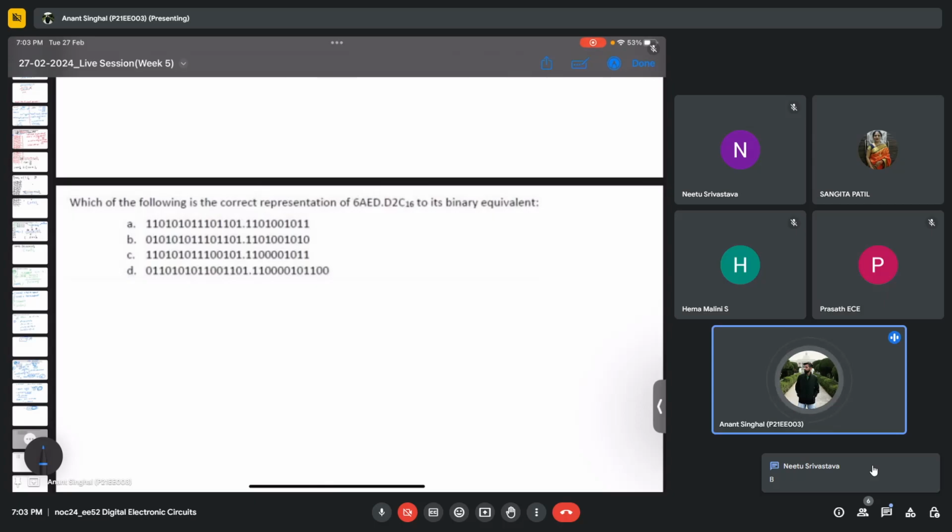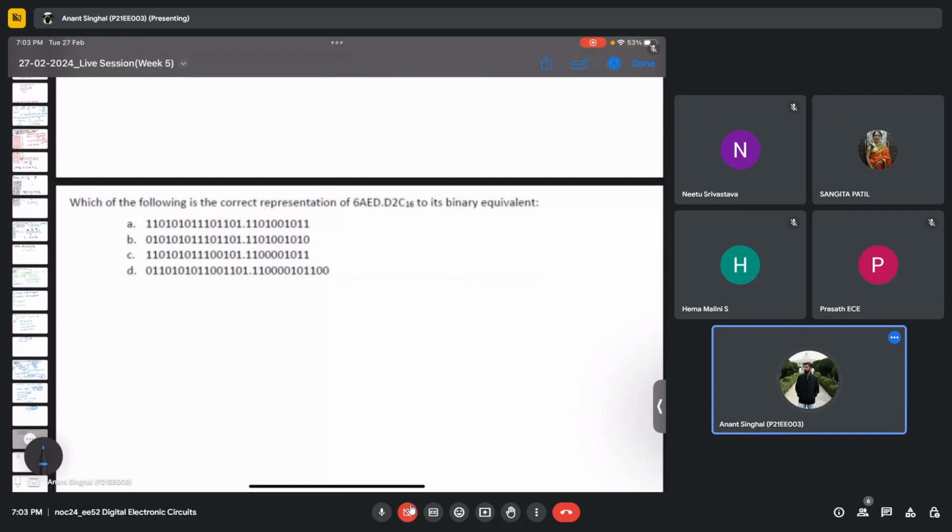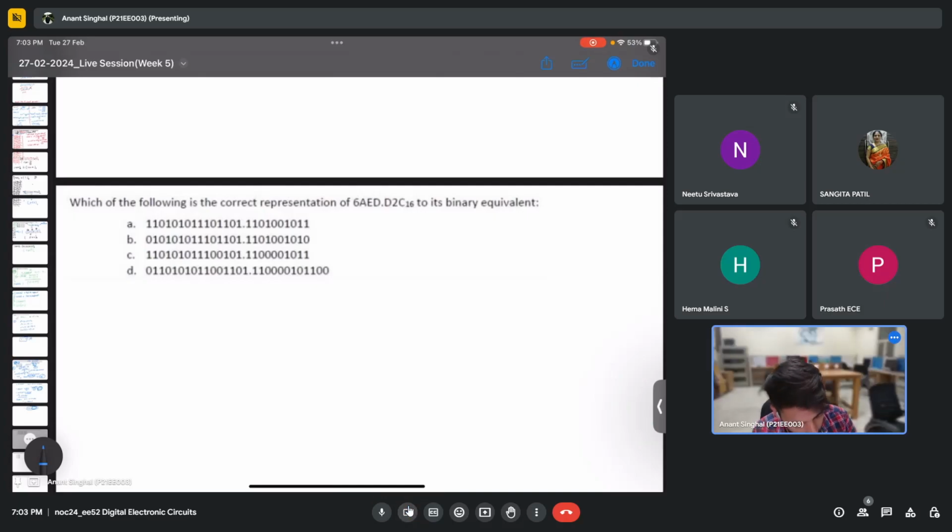So I've got some different answer also, option B. Let's try to solve it. I already told you, you need to just make the pairs.